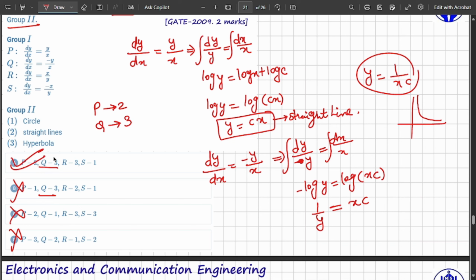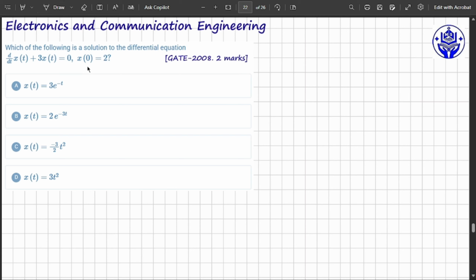Okay, next. The next question is related to which of the following is the solution of the differential equation. We have dx over dt plus 3x equals 0. Then we can take dx over x equals minus 3 dt, the variable separation method.